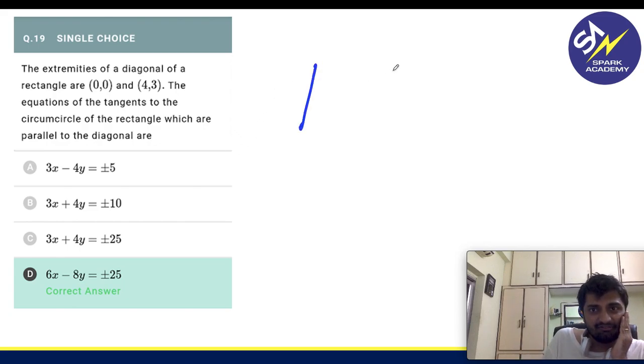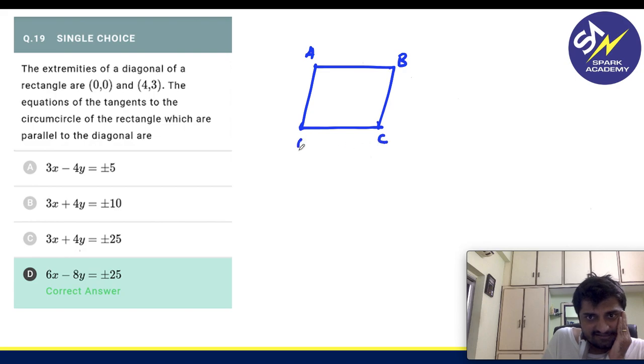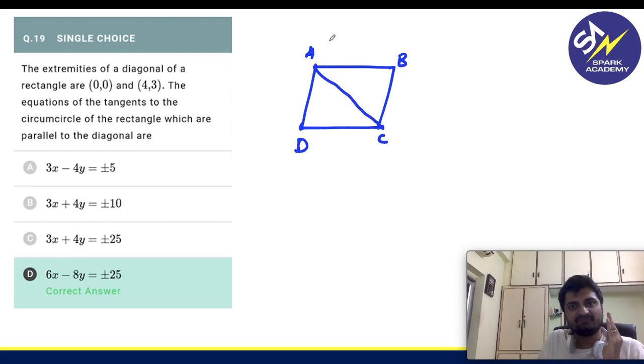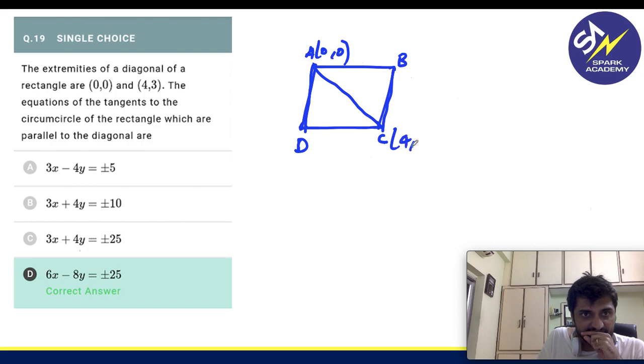The extremities of a diagonal of a rectangle ABCD, AC is given, so it's a rectangle, right? Rectangle means it will be straight. AC is (0, 0) and (4, 3).